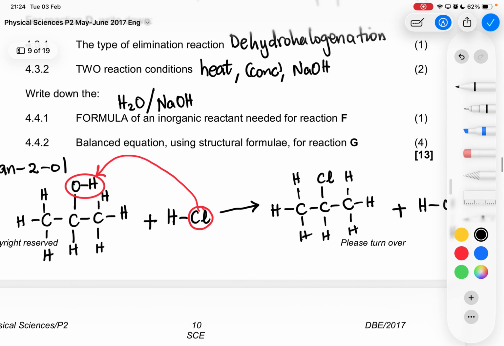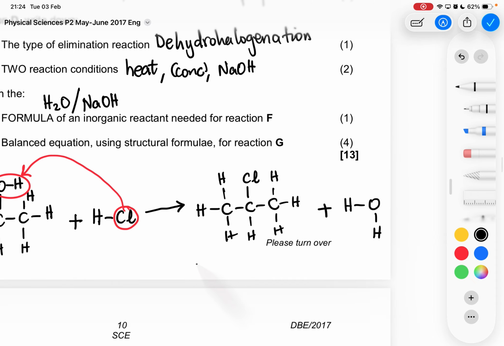There we have it. So this is your 2-chloropropane.